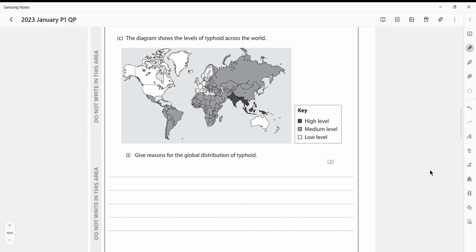So some of the reasons that you can say here, give reasons for the global distribution of typhoid. So 1 reason is due to a lack of sewage treatment. Another one that you can also say is lack of healthcare as well.